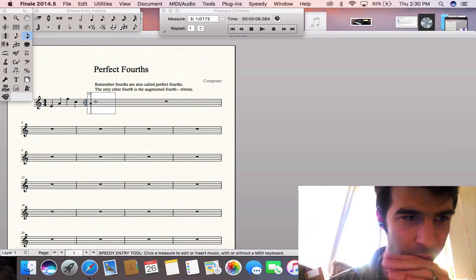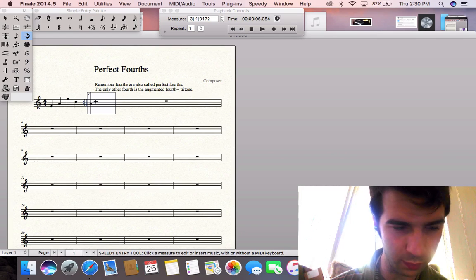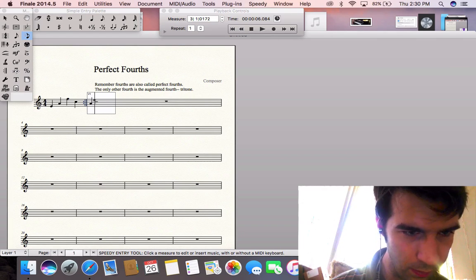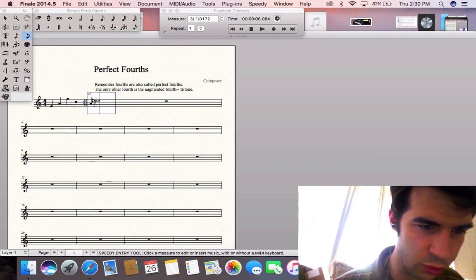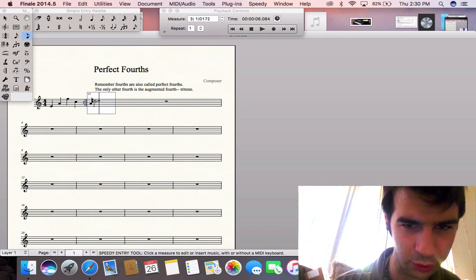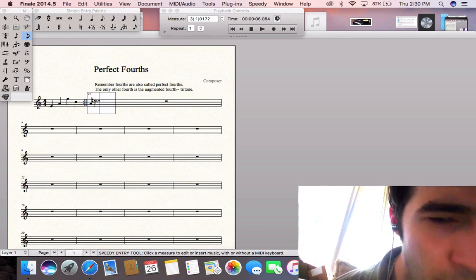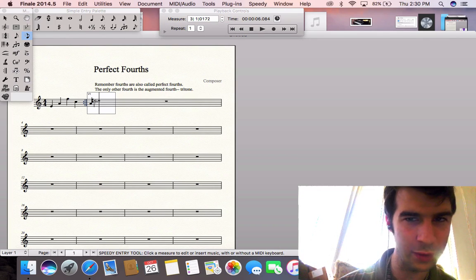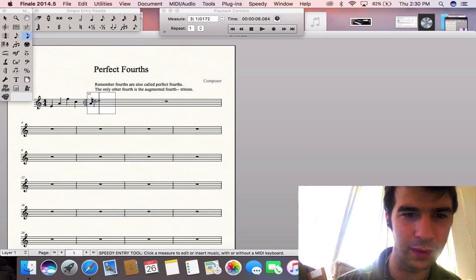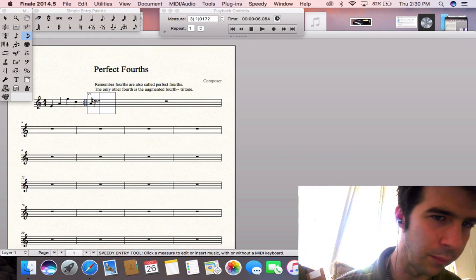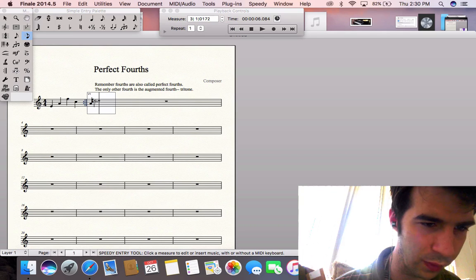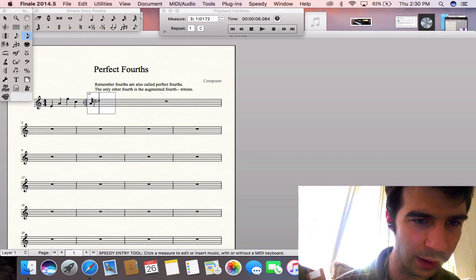But in this case, that fourth becomes sharped, in this case from A to D sharp as a tritone or an augmented fourth, because the fourth is bent upwards. And so that's why you get that augmented interval: they sharp the interval if it's going up. So that's why you get those things called augmented fourths.